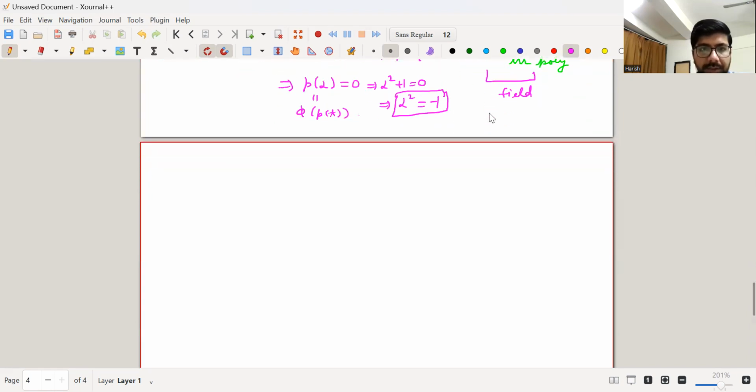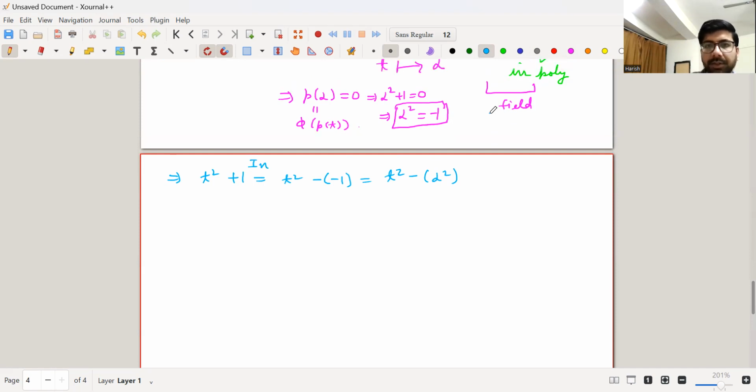So this implies your t square plus 1 is equal to t square minus 1, you can write, and this is t square minus alpha square. So this we can do in this new field.